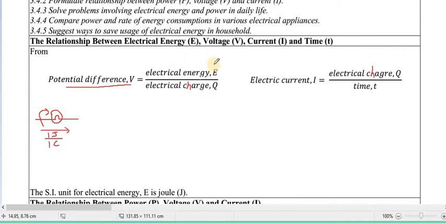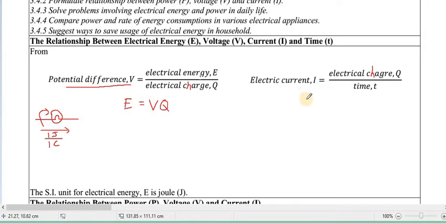So we can calculate the amount of electrical energy from this equation with a little bit of modification. We rearrange so that the electrical energy equals the potential difference multiplied by the amount of charge that passes through the electrical appliance. And from here, electric current is the rate of flow of charge. So that means every 1 second, how much charge passes through.